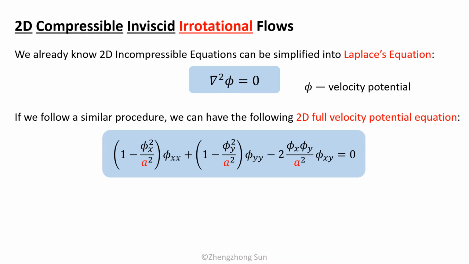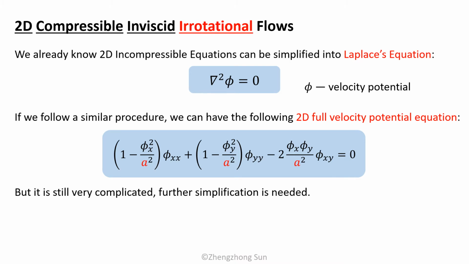This 2D full velocity potential equation for compressible inviscid irrotational flow is quite different from the Laplace equation. And again, it is nonlinear, so it's still very complicated. Further simplification is needed.